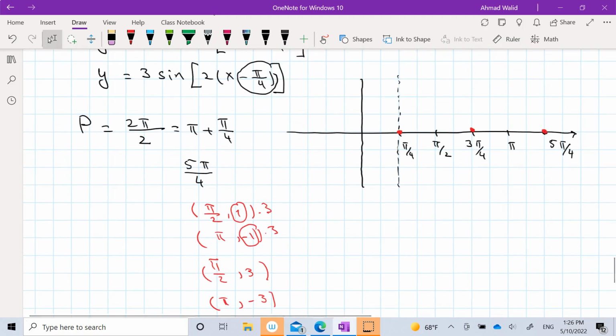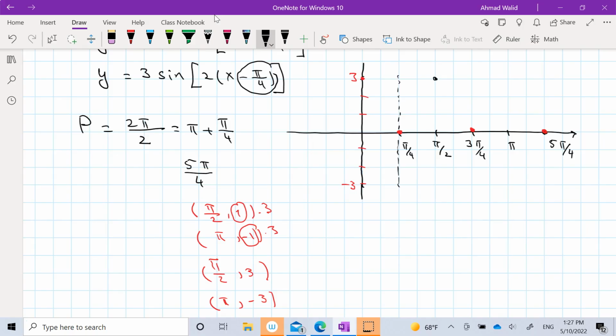Mark those, correct? 1, 2, 3. Here is 3. 1, 2, -3 is here. Now, at pi over 2, it becomes 3.